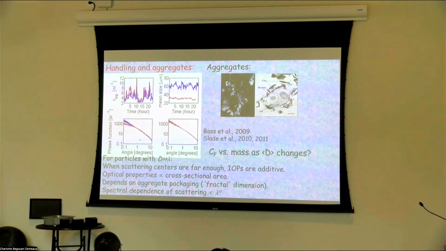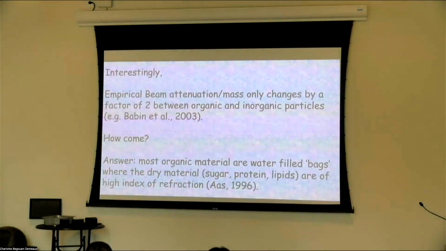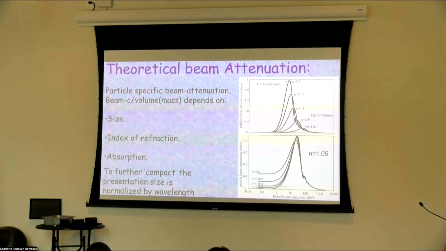Now, you notice that on one hand, I tell you that beam attenuation is extremely sensitive to a specific size of particle. You can think about this as beam attenuation per mass.